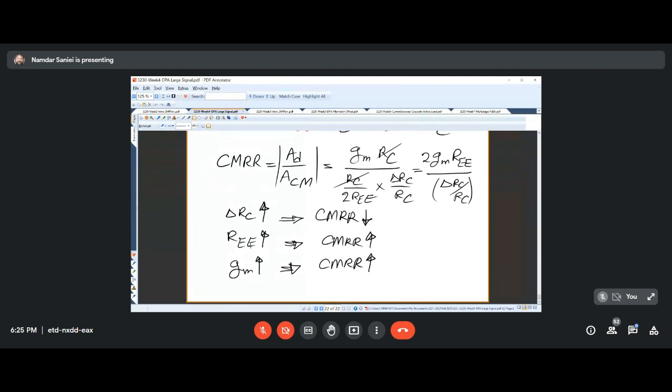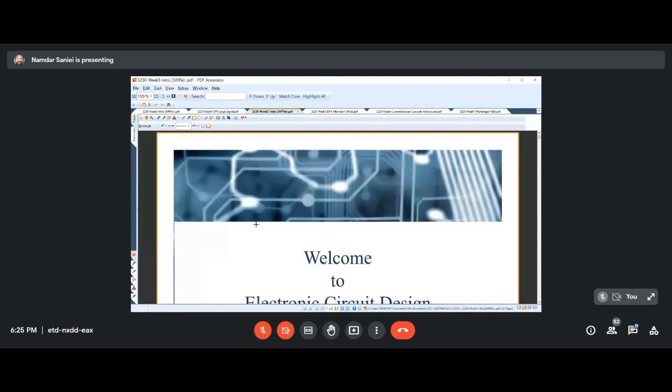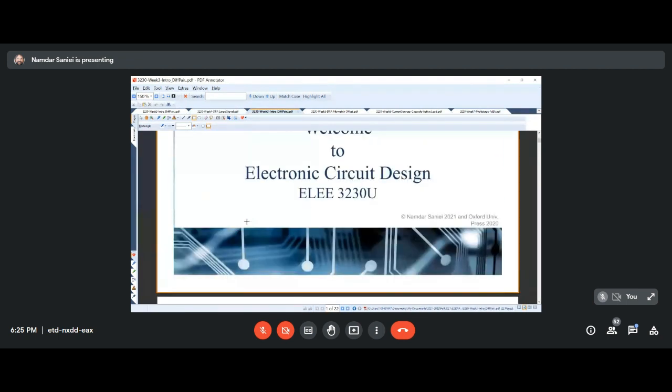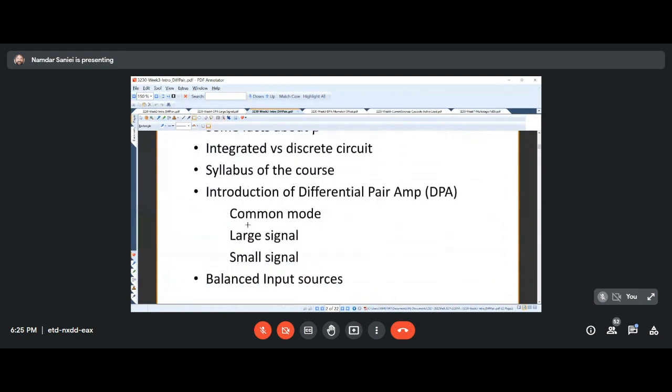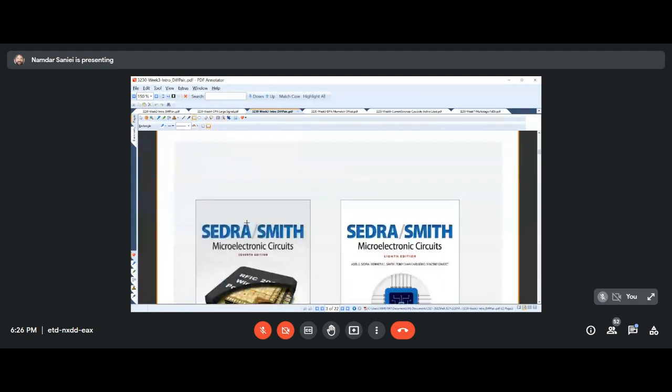But soon we realized that it is just the REE that we have a better chance to use in improving the common mode rejection ratio. And that was when we looked for current sources, better current sources, for a while. So then next, what?